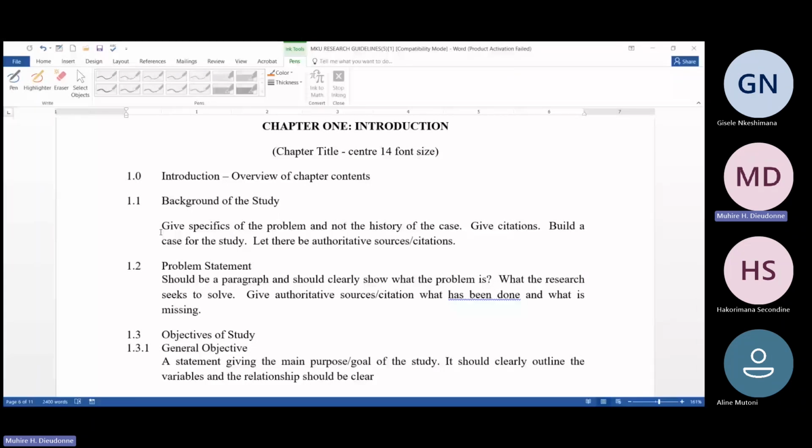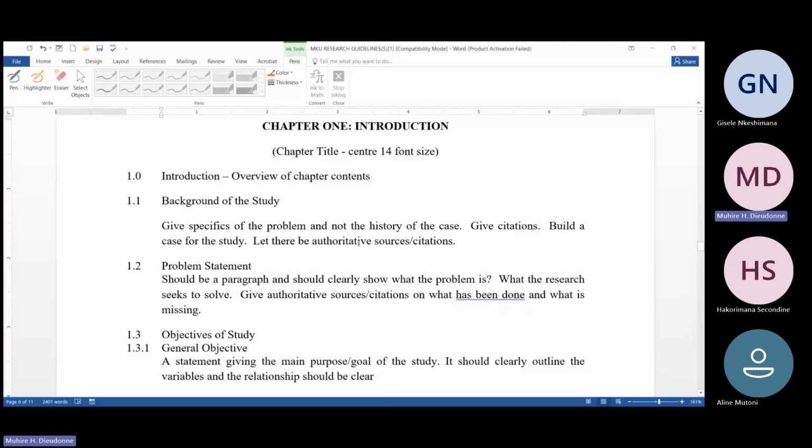from worldwide, especially for example in health sciences. Most of the time we are using the global intervention or global picture of the problem, which is WHO, CDC, and others.